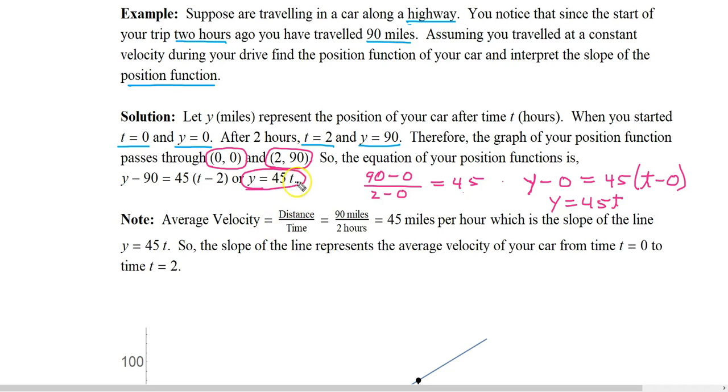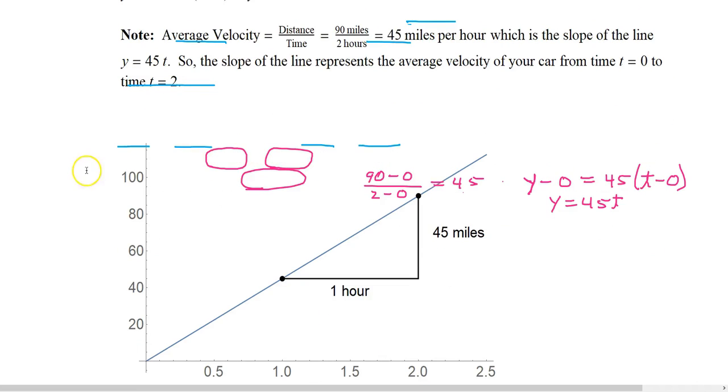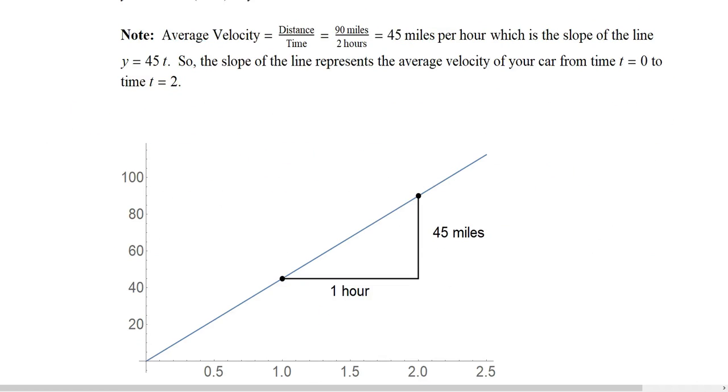All right, now let's interpret this 45. That's the slope of our line, so let's see what it represents. Well, let's recall that the velocity is distance divided by time. How far you travel divided by how long it took you to travel.